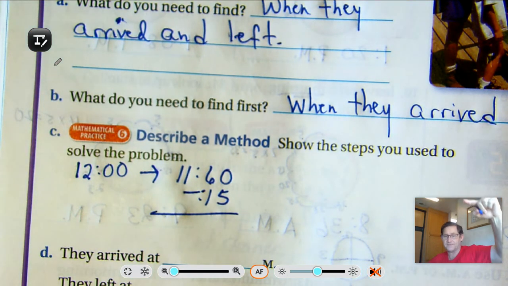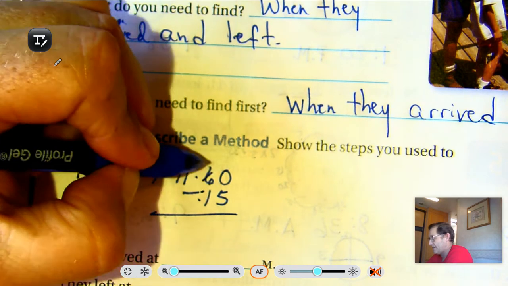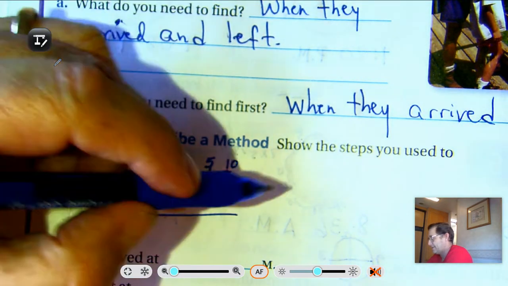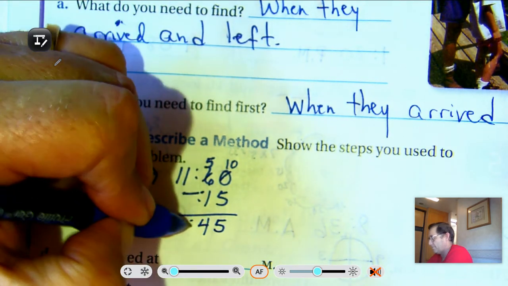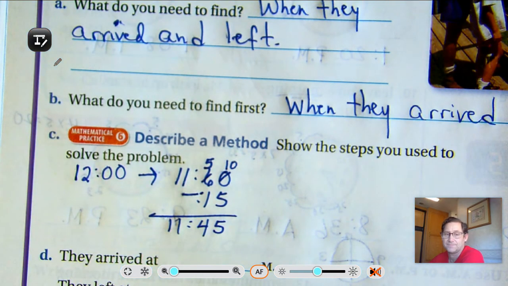We're backing up 15 minutes. What number would we be on? We'd be on the 9. So 5 taken from nothing, I can't do that. So I'll regroup the 6 tens as 5 tens and 10 ones. 10 take away 5 is 5. 5 take away 1 is 4. So it'll be 11:45 a.m.